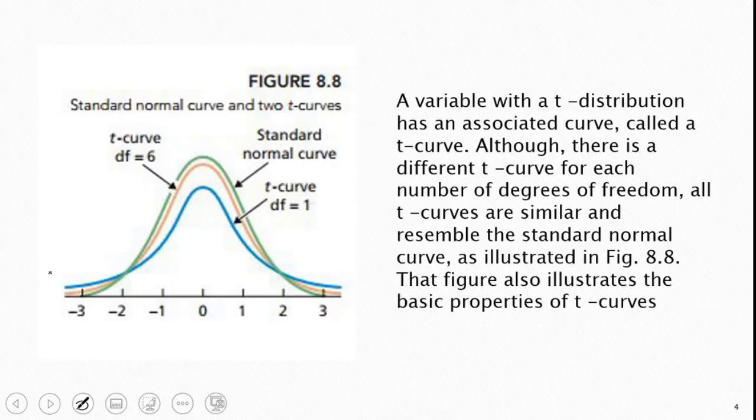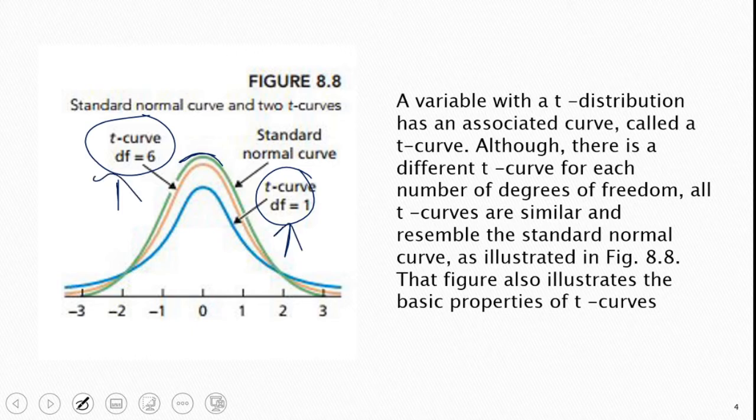This is something I have mentioned here: the standard normal curve and the T curve. See, the standard normal curve is the green color one, and there are two T curves: the red color one and the blue color one. They differ from each other due to their degrees of freedom. Here the degree of freedom is 1, here the degree of freedom is 6.